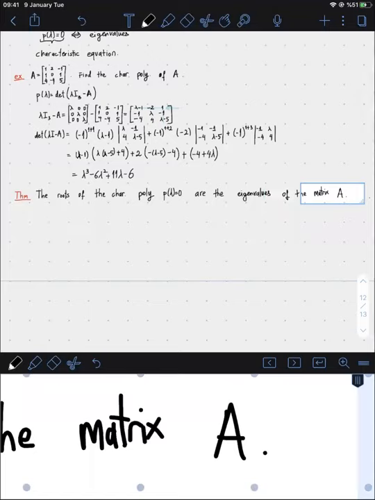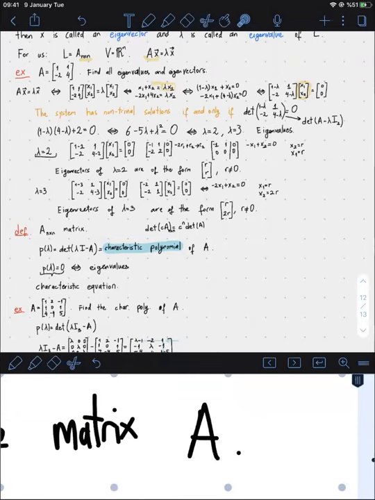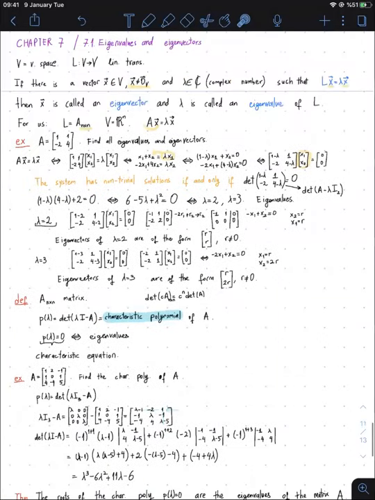Okay, the proof of this theorem basically follows from our considerations in this example. If you go back to this example and follow these steps, you end up with the characteristic polynomial equals 0 and its roots.